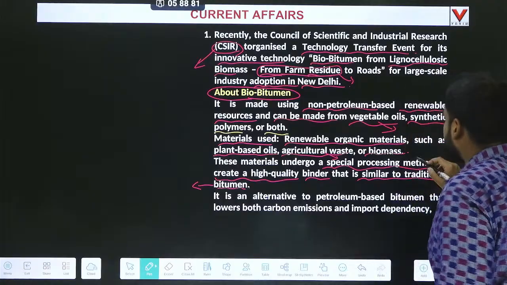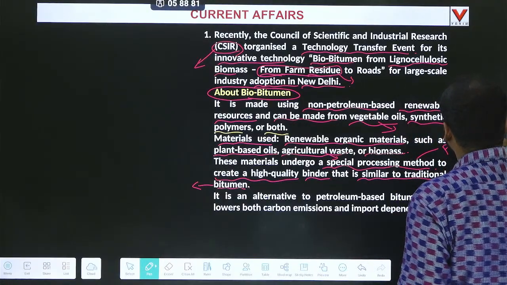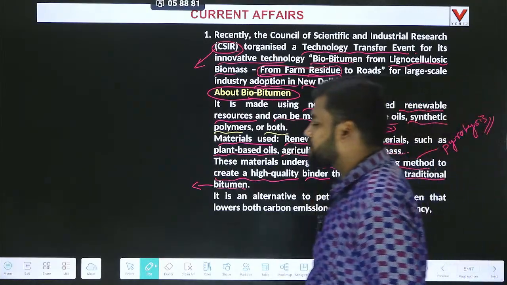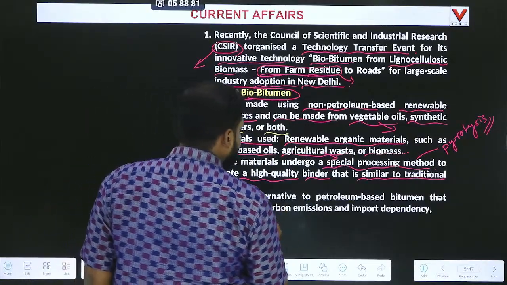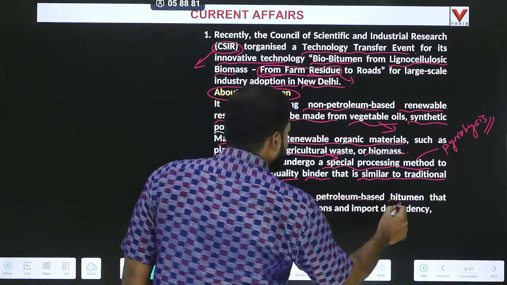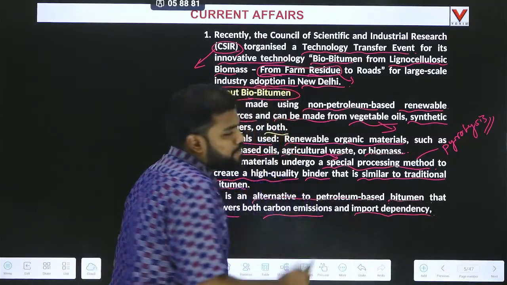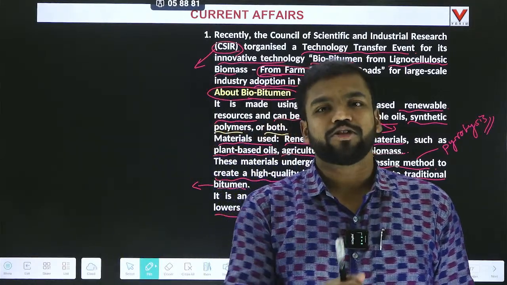By the way, what is the processing method? Pyrolysis. Please remember this. We don't have to go into the technicalities of what pyrolysis is, but the process is pyrolysis. It is an alternative to petroleum based bitumen that lowers both carbon emission and import dependence. Obviously, raw crude oil we have to import from other countries.